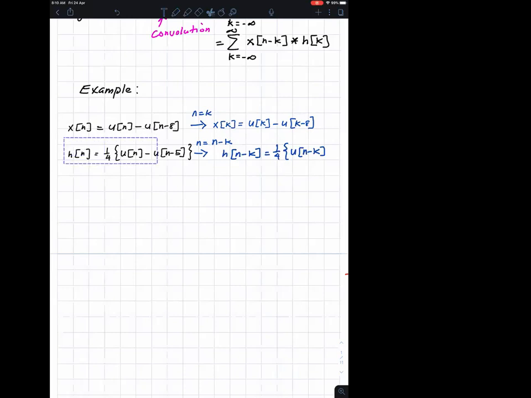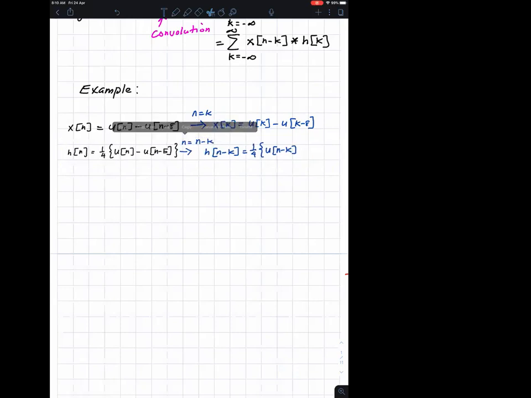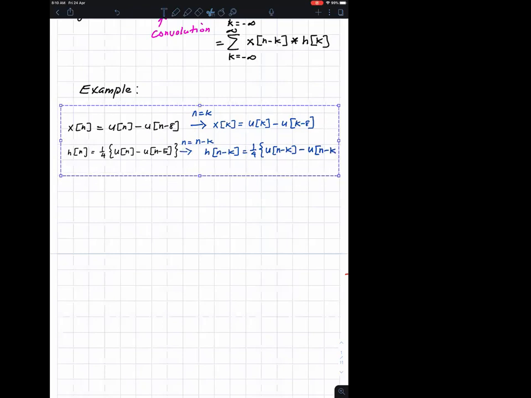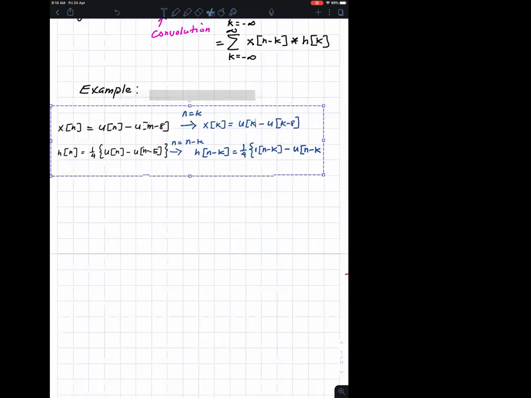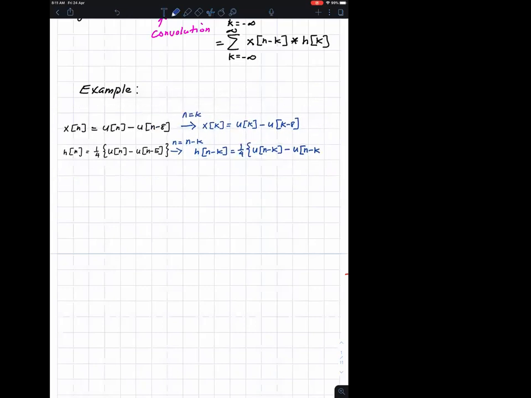There's not enough space here, let me make this slightly smaller. Minus u[n minus k minus 5].